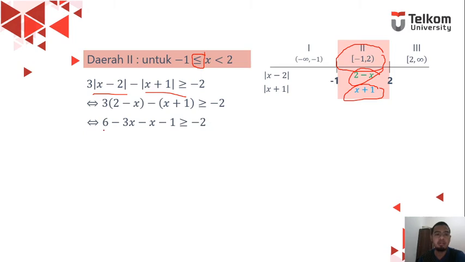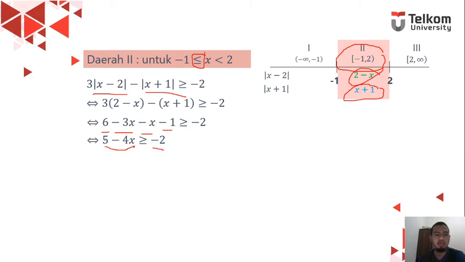After that we get 3 times 2 is 6, 3 times minus x is minus 3x, then plus x, plus 1. So we get minus 2x plus 7, and here should be minus 2.